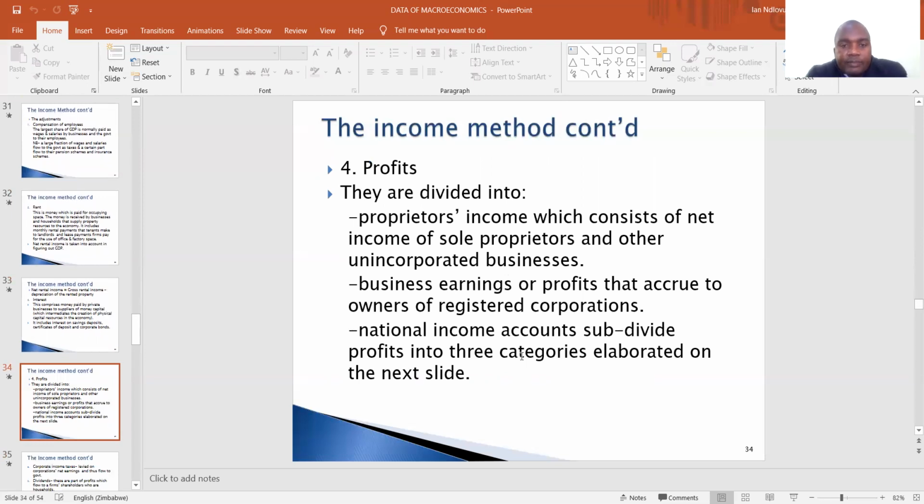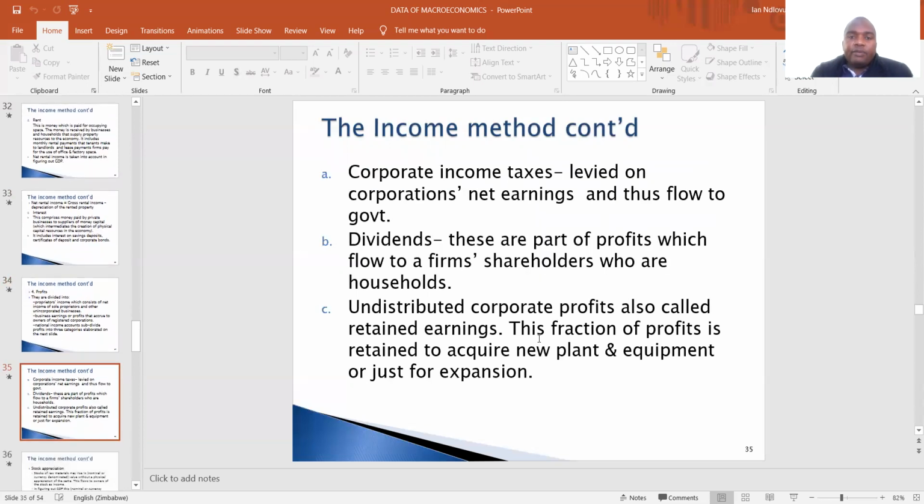How about profits? They are divided into proprietors' income, which consists of net income of sole proprietors and other unincorporated businesses, and business earnings or profits that accrue to owners of registered corporations or firms. National income subdivides profits into three categories, elaborated on the next slide, which is slide number 35.